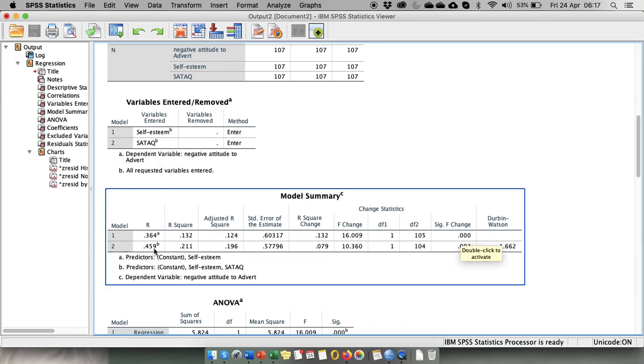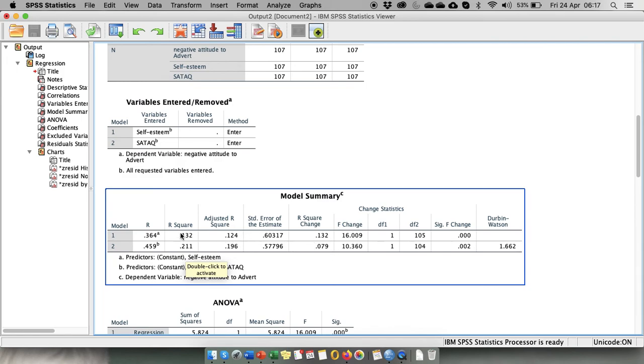Now, model 2, this value for the R squared is the total of the variance explained in the dependent variable when we have both self-esteem and media pressure scores in the model. To see how much unique variance media pressure explains, we want to go to the R squared change, to here.